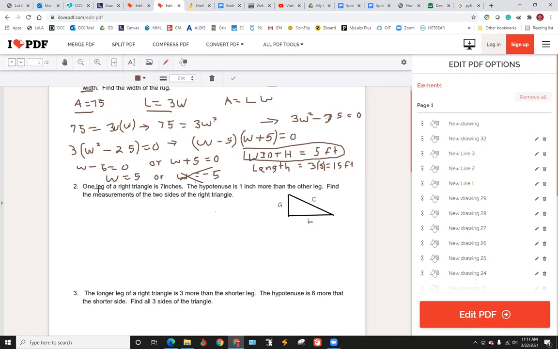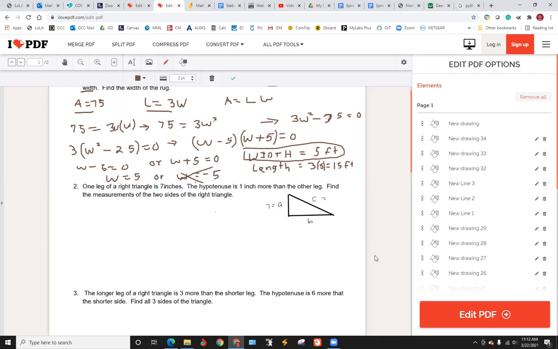So it says one leg of a right triangle is 7 inches. All right. So we'll just say this is 7. And it says the hypotenuse is 1 inch more than the other leg. In other words, C is equal to, hold on a second.